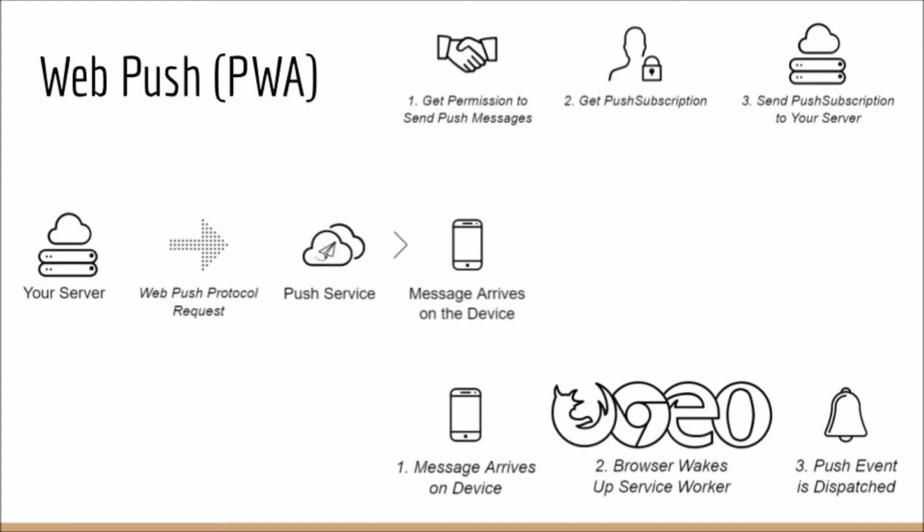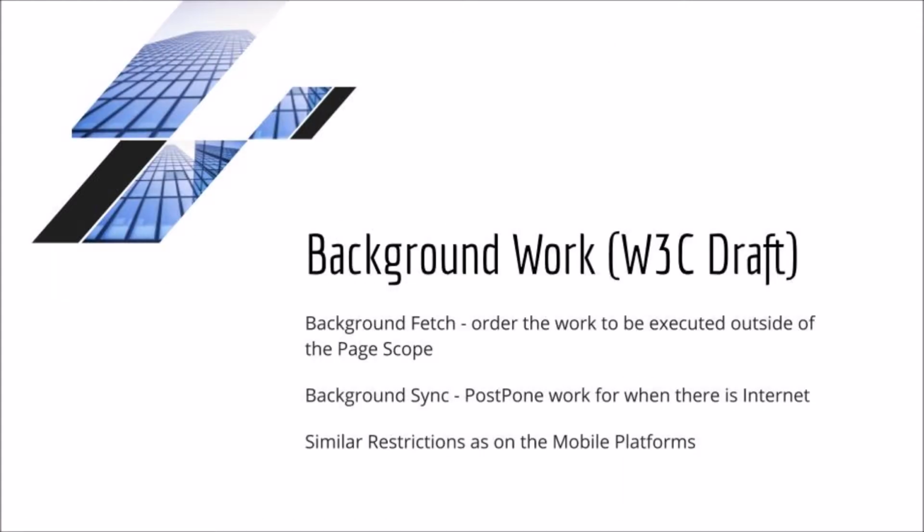Background fetch or background sync. These are still worldwide consortium drafts, and they are implemented in Chrome, for example. These are APIs where you could register some work to be executed outside of the normal page window scope.